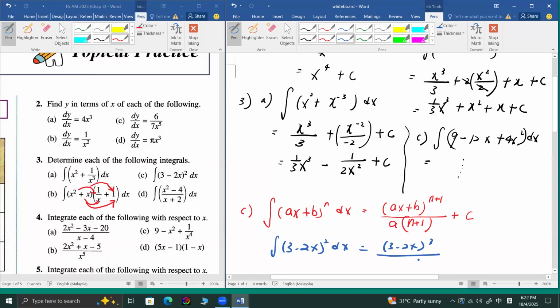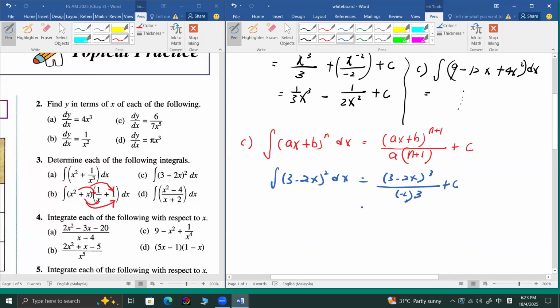So you follow to copy the 3 here. Can you see? The coefficient of the x here is negative 2. Okay, and plus C. So what I have here, we simplify it. You get negative 1 per 6, (3 minus 2x) cubed plus C.